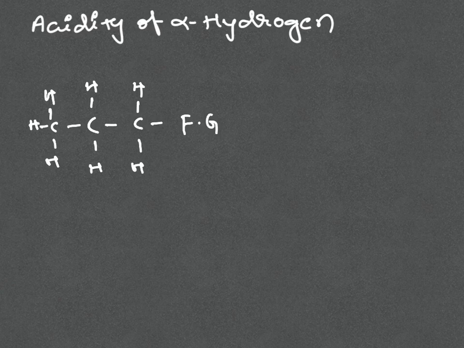Here our functionality will be some X function group, let us assume, and this carbon is directly attached to the function group. We call it as alpha carbon. Next carbon we call it as beta carbon, and next carbon we call it as gamma, and delta, and so on.